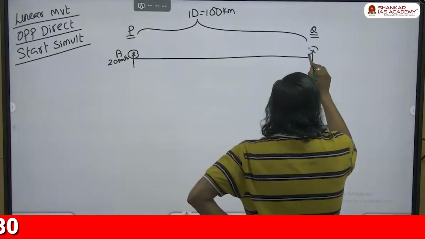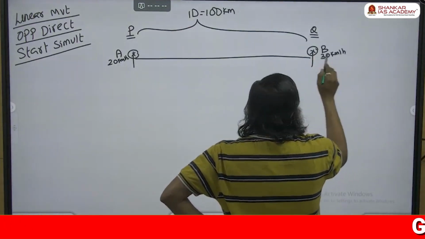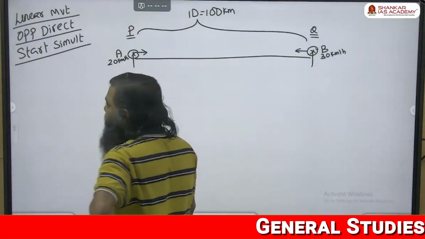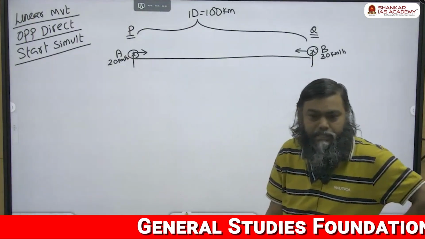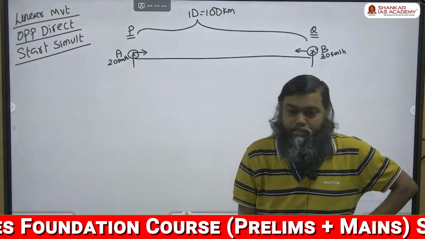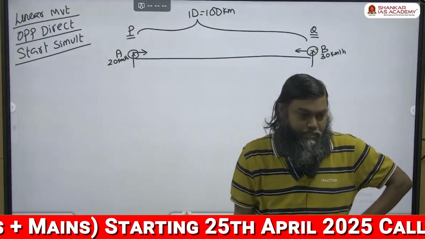Person B started here at 30 kilometers per hour. And they are traveling in which direction? Opposite direction means two cases: away from each other or towards each other.